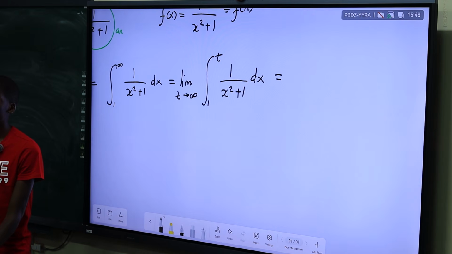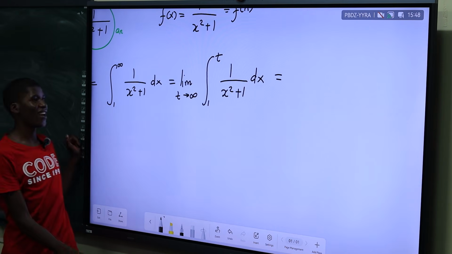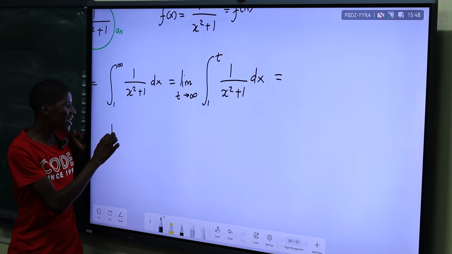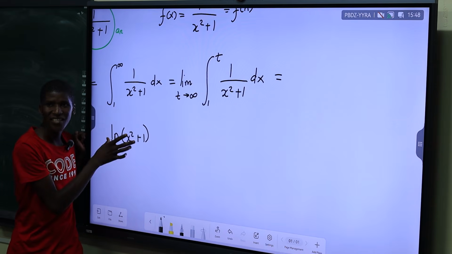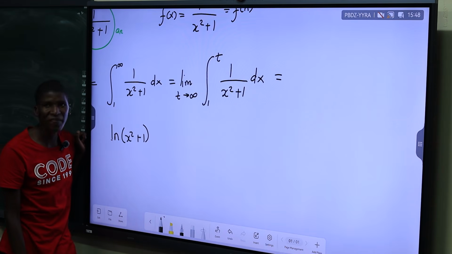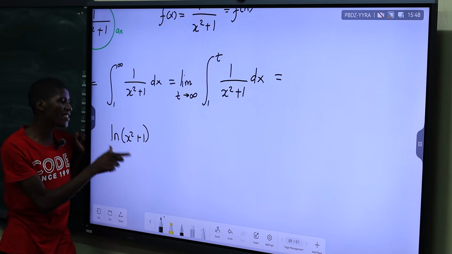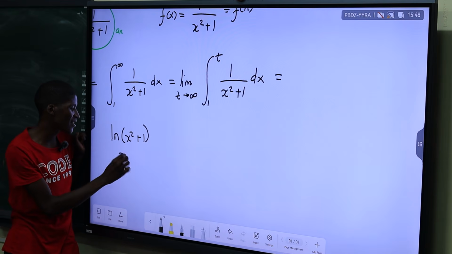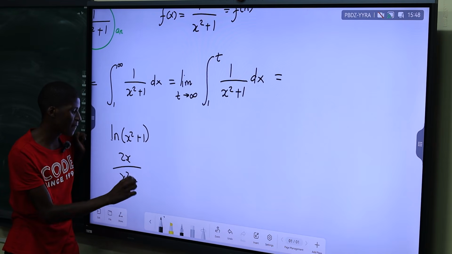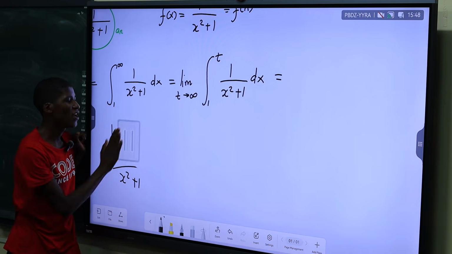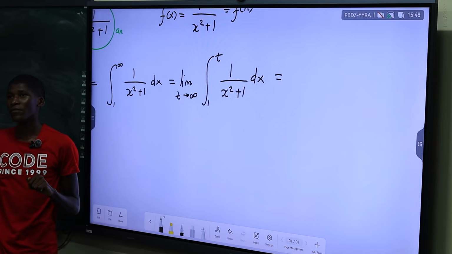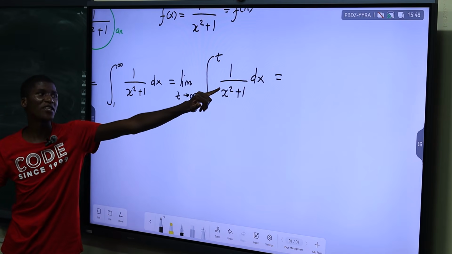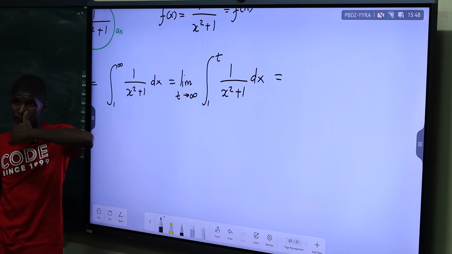If it's ln, if you say ln of x squared plus 1 and you differentiate this, you are not going to get that. Definitely not. If you differentiate this, you're going to get 2x over x squared plus 1. It won't be the same as that one, so it cannot be ln. It could only be ln if this was raised to the power of 1.